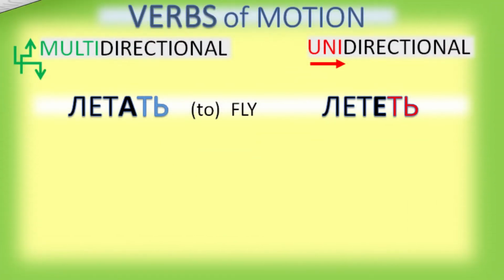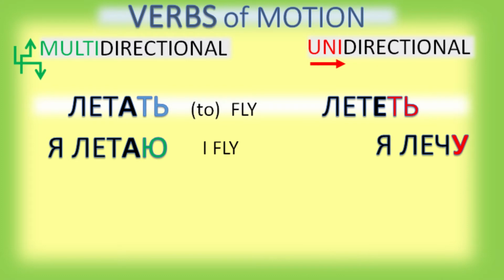Another verb of motion is to fly. The multidirectional infinitive of to fly is Летать. The unidirectional infinitive of to fly is Лететь. To say I fly in general is Я летаю.